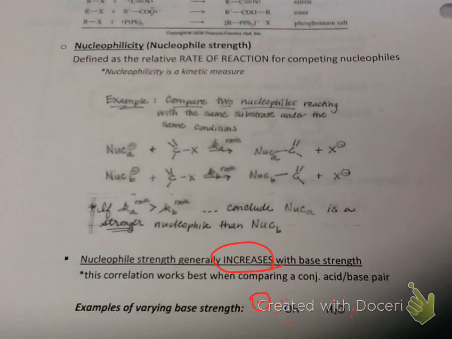Which would you say was a stronger base? I think we all know the answer, that hydroxide is the stronger base. So, if you're comparing atoms that are the same, but one of them is more negative than the other, it's a stronger base. It turns out it's also a better nucleophile. So a better base is a better nucleophile.